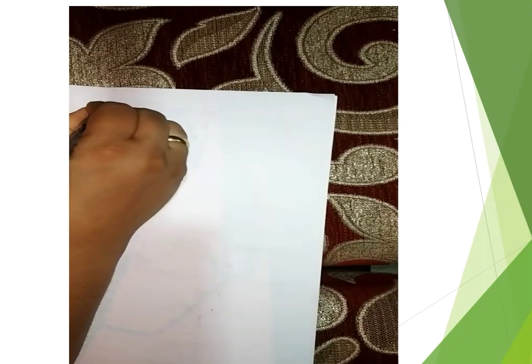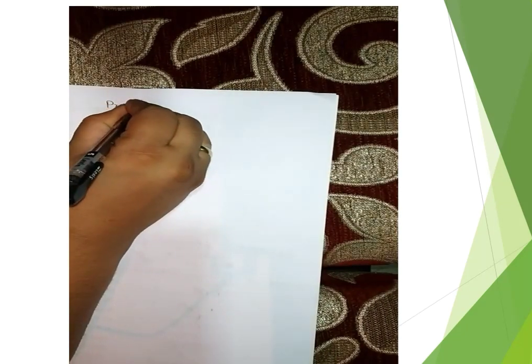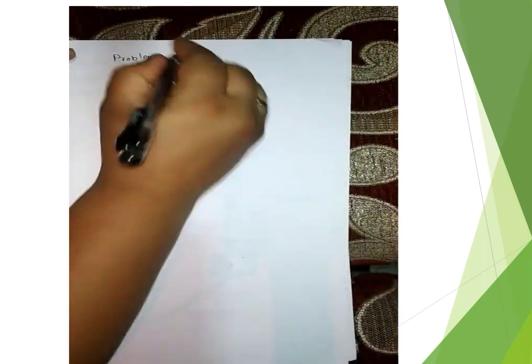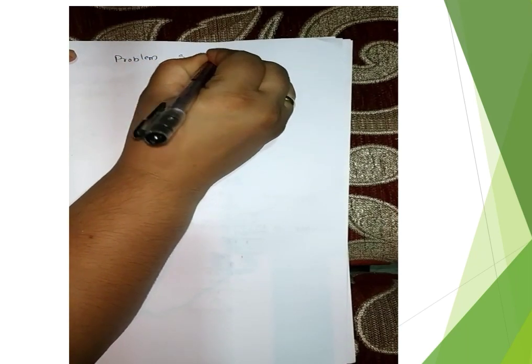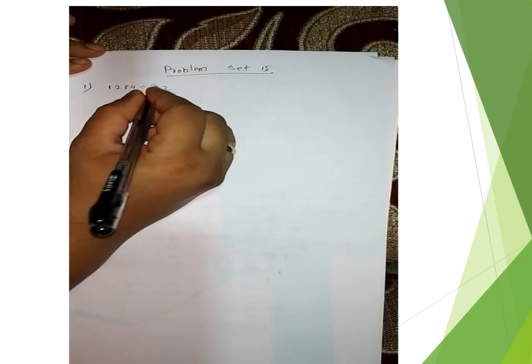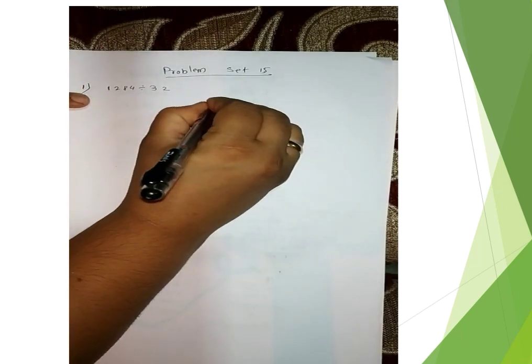So here, problem set 15. First one is 1284 divided by 32. Here we will require the table of 32.